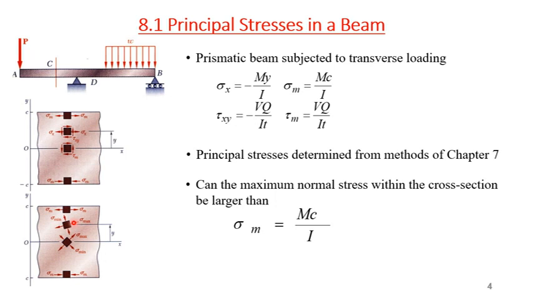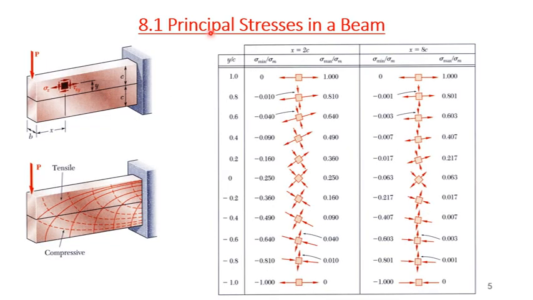Now, can the maximum normal stress within the cross section be larger than sigma m, that is Mc over I? Yes, it can be larger. Now let's see. These are for the rectangular beam, and this is showing the y by c ratio. Y is this distance, and y over c ratio means we are talking about the top surface or bottom surface, -1.